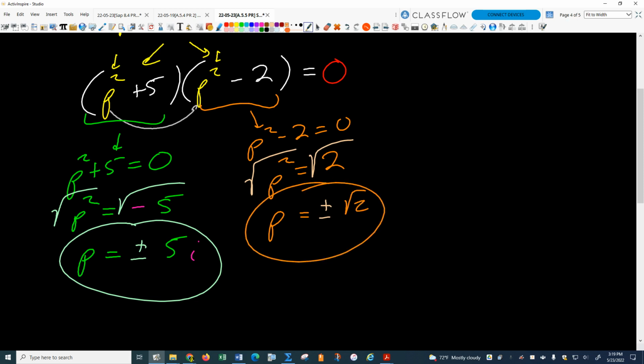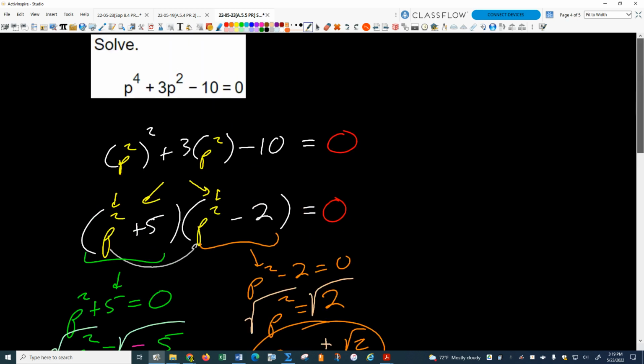Okay, we know how many because when my original polynomial, the degree is 4. So that means we're guaranteed to get 4 complex solutions.